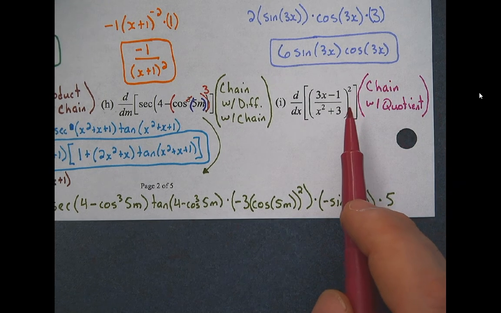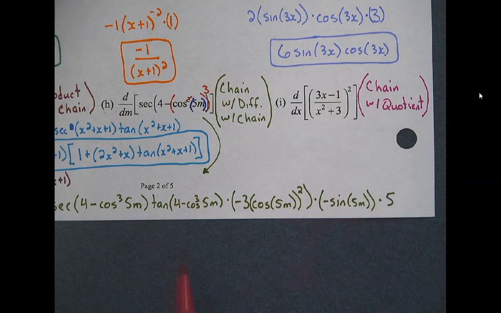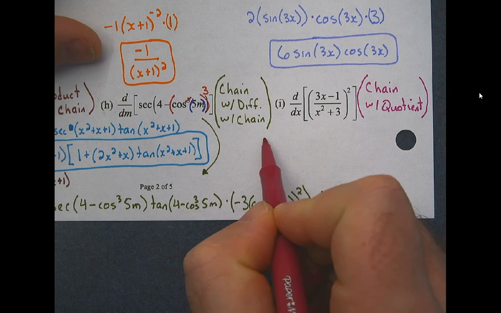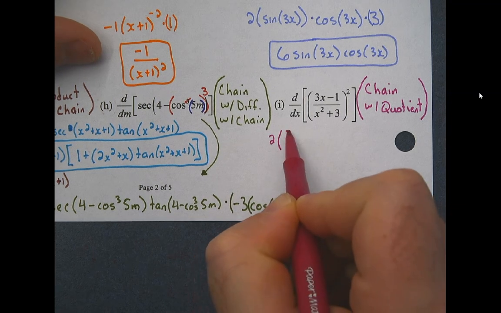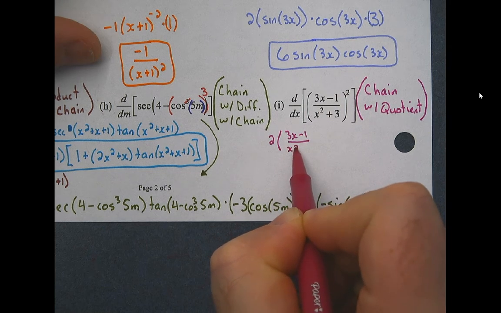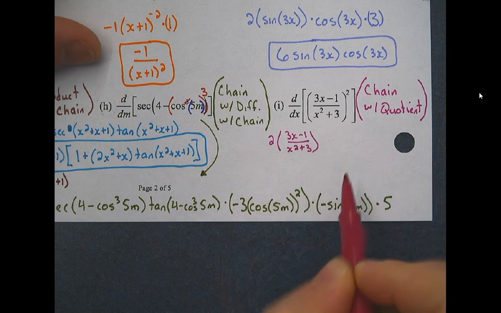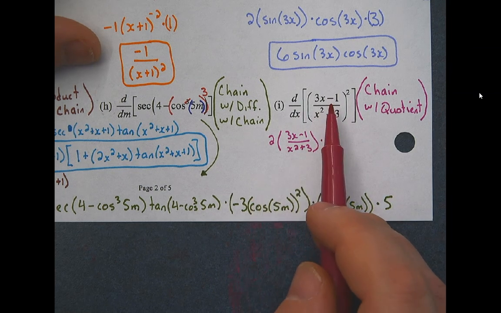So I start off by deriving the outside layer, something to the second. The derivative of something to the second is 2 something, times the derivative now of my something, since I said something and have to keep going.